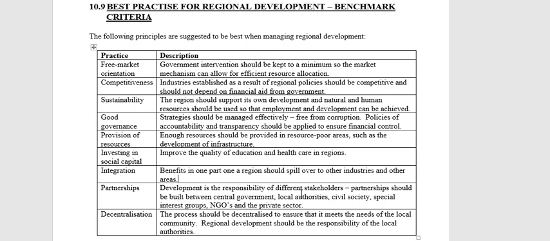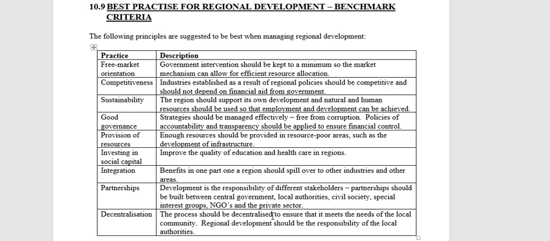Second last one, in terms of partnerships. Obviously, development is the responsibility of many different people. All sectors of government should be involved in this. Remember, regional industrial development falls under the Department of Trade and Industry. That is a government department, so it has to be coordinated between central government, provincial government, and local government, as well as civil society, your people, and special interest groups like trade unions, NGOs (non-government organizations), and the private sector.